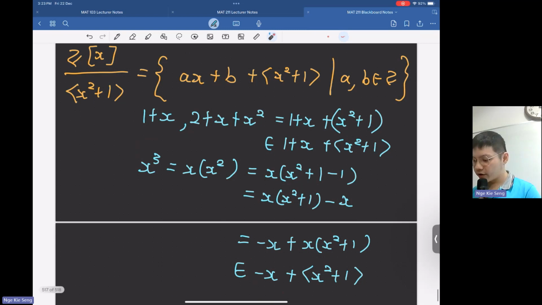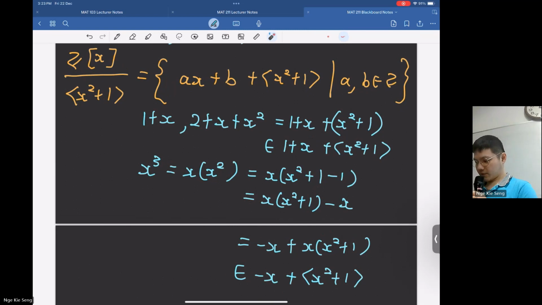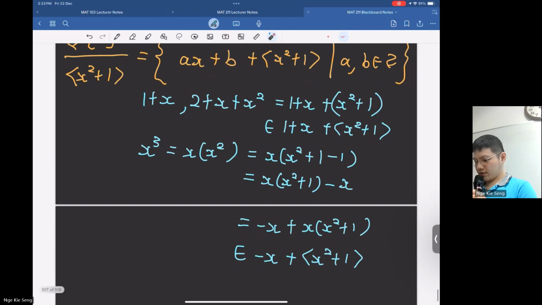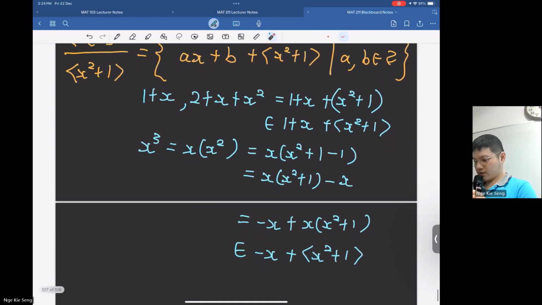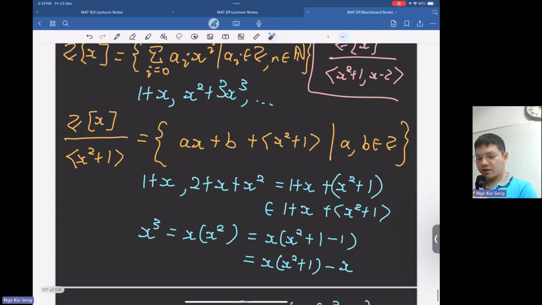This is how we can reduce the degree of the element in my polynomial under this quotient. Make sense? Okay, so I reduce to this stage.